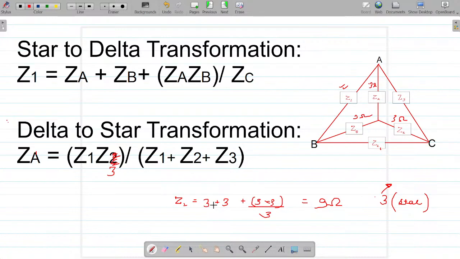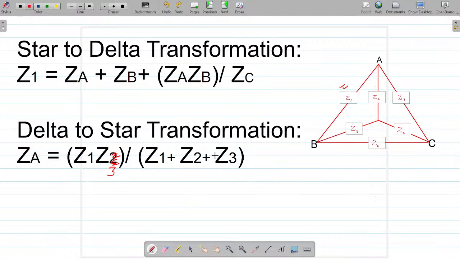Similarly, now let us calculate delta to star transformation. This time, rather than 3, let's take the impedance to be 4. Let us take the identical delta elements to be 4 ohms. Now we are calculating the equivalent star. That means we are calculating this value.